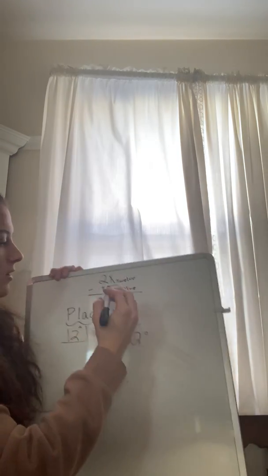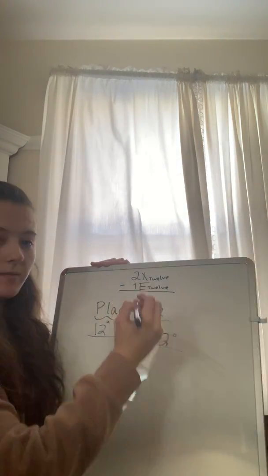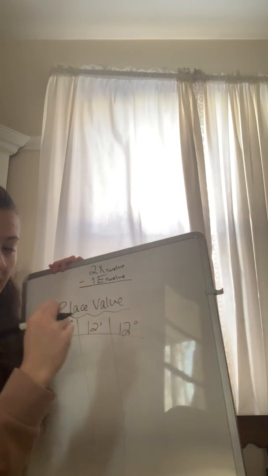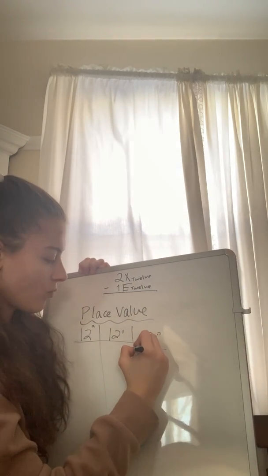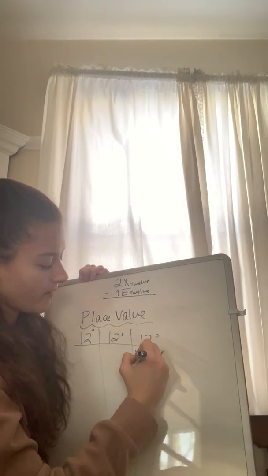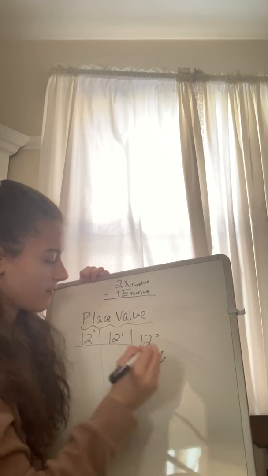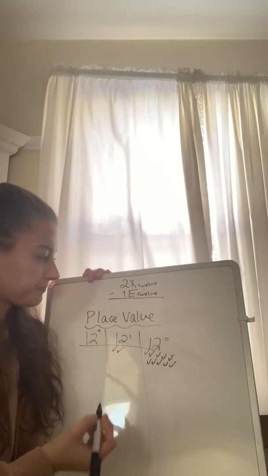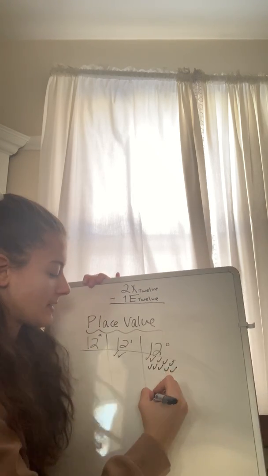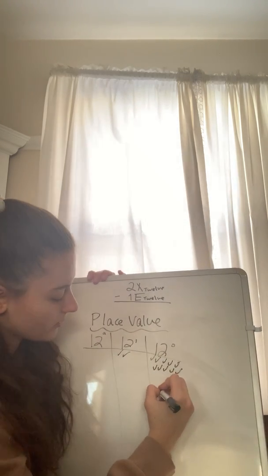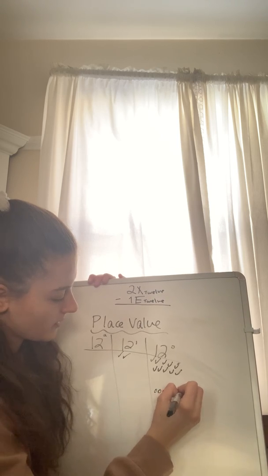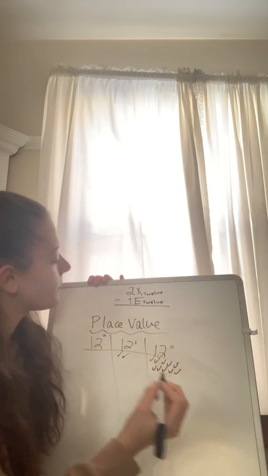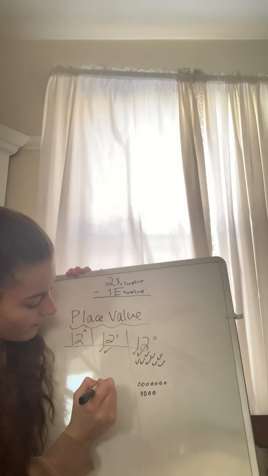So here we have 10 ones, or 10 12 to the zeros. So 1, 2, 3, 4, 5, 6, 7, 8, 9, 10. We have 2 groups of 12. Over here we have 11 ones. 1, 2, 3, 4, 5, 6, 7, 8, 9, 10, 11. And 1 group of 10.